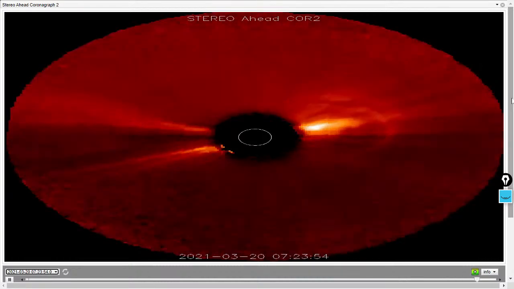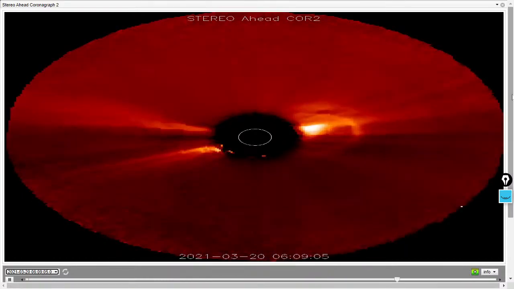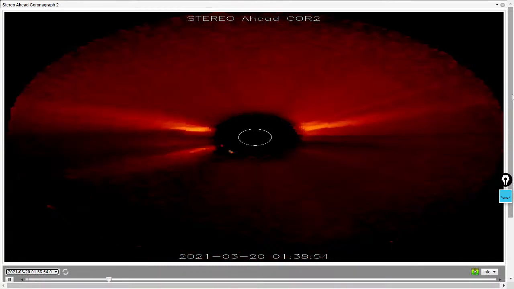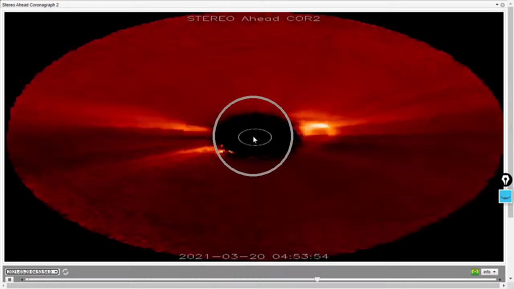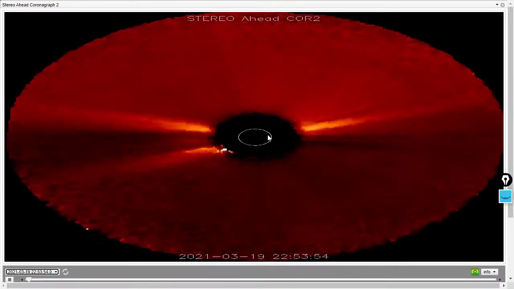And there you can see the propagation of that coronal mass ejection. It is not fully done releasing yet, as far as I can tell, folks. We can have these plumes extending out for several solar diameters. And the solar diameter is reflected in this white circle here. That's the edge of the chromosphere, folks.